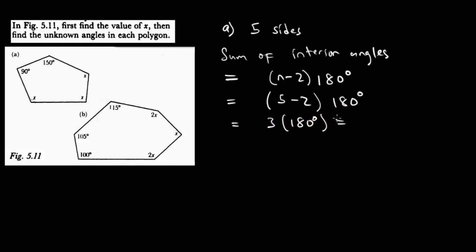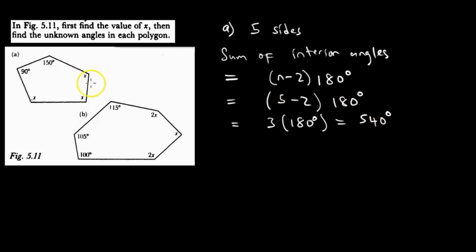What is 180 times 3? 540 degrees. Then we see that 540 degrees is the sum of everything.